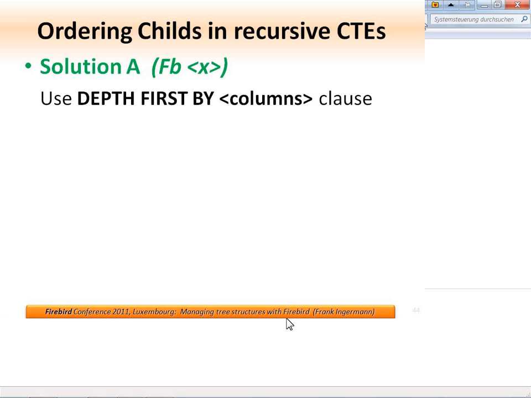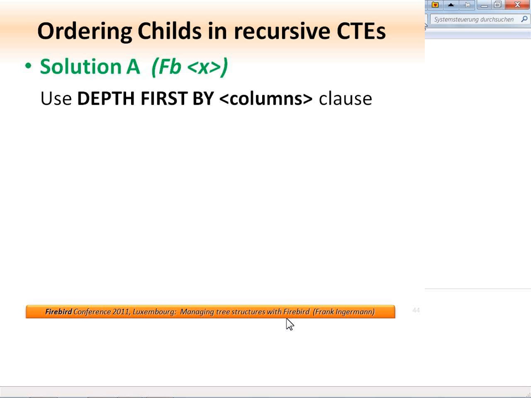Which means that we go down to the depth first. There's another variation that's called breadth first. This is where we go through all the child nodes first before it goes to the next level. In this case we just go through the first line, and then all the children.